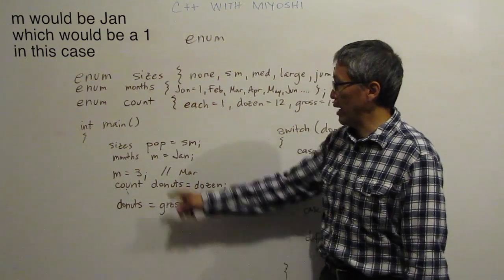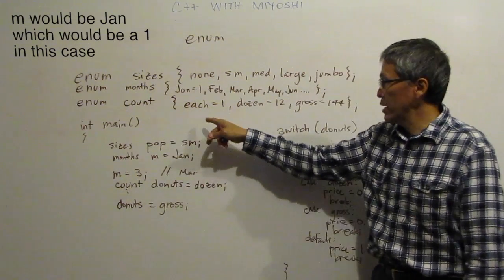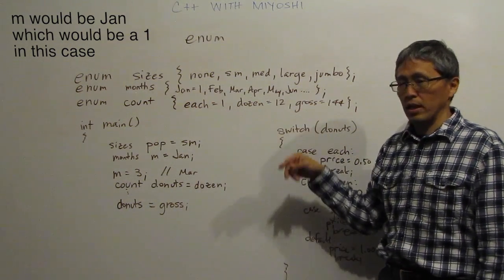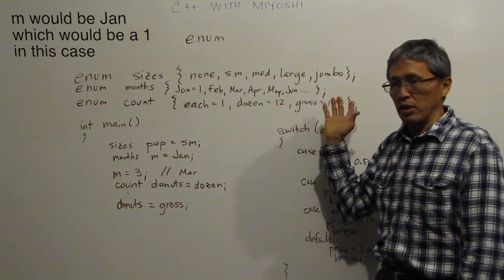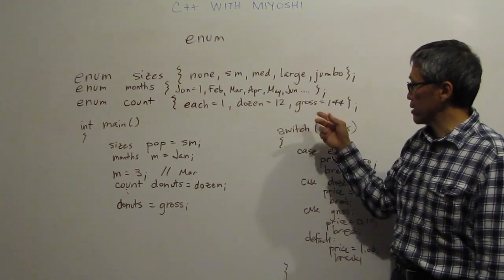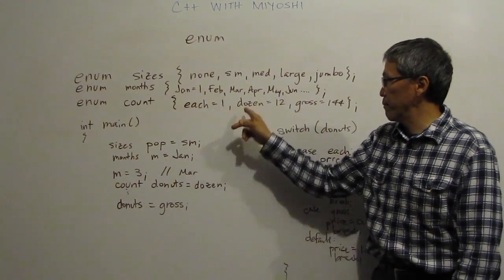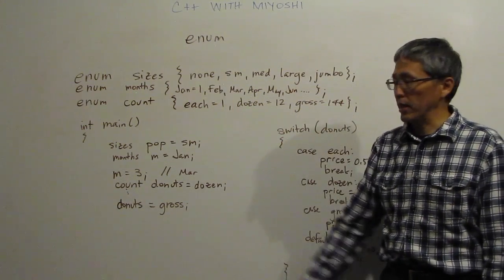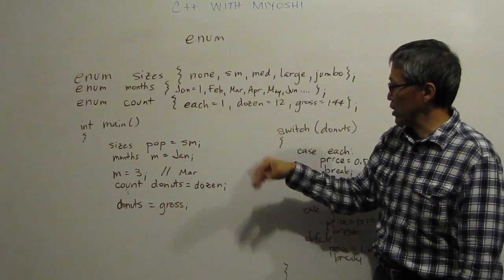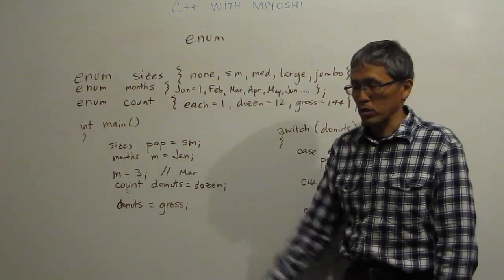Okay. Our last one here, I have enum count, and I have an open curly brace again. I have each assigned the value 1, comma dozen assigned the value 12, and gross assigned the value 144. Back in the old days, a gross was 12 dozen, and that's something I use just for an example. Each of them is given a different value. If I didn't assign the value 12 there, dozen would be a 2, and that's not what I want. I want dozen to be 12, which it really is.